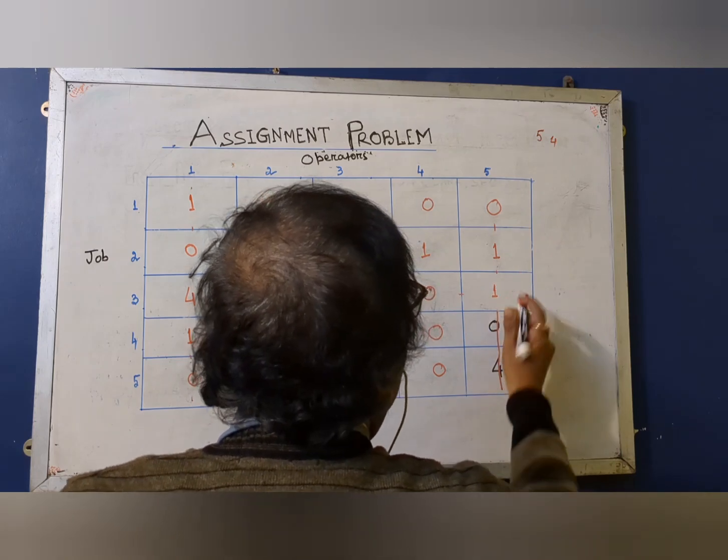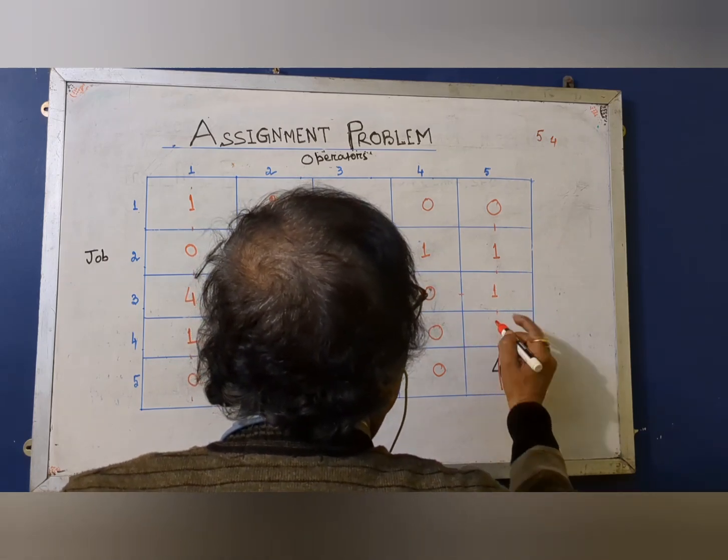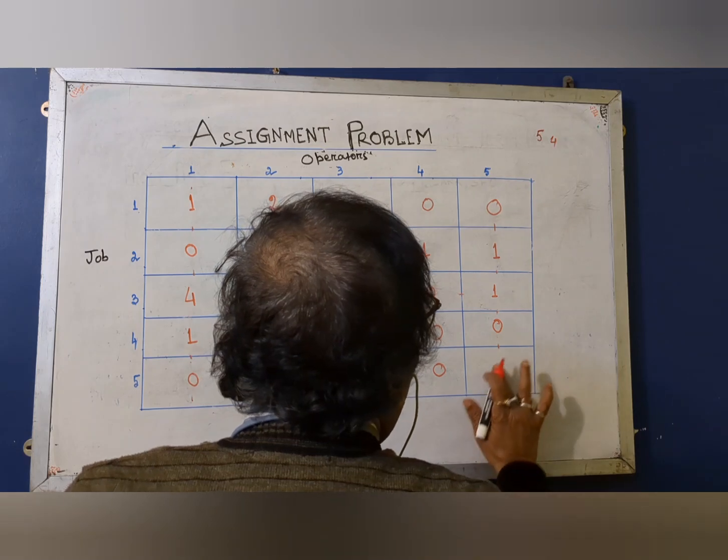This is plus 1 and this will be 0 remains the same 0 and this will be 4 remains the same.